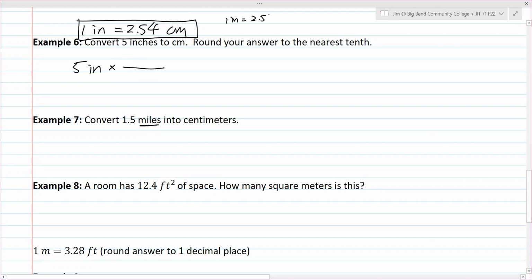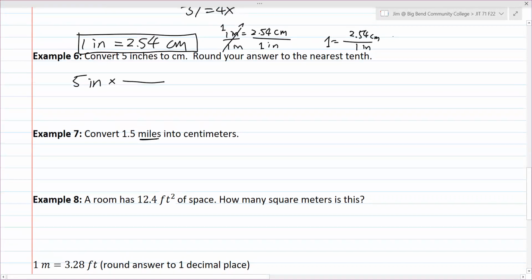We have 1 inch equals 2.54 centimeters. So if we divide the equation by 1 inch, then that fraction will turn into 1. So you'll have 1 equals 2.54 centimeters over 1 inch. Okay, right. So that means that fraction has the numerator and denominator in the same dimension now.